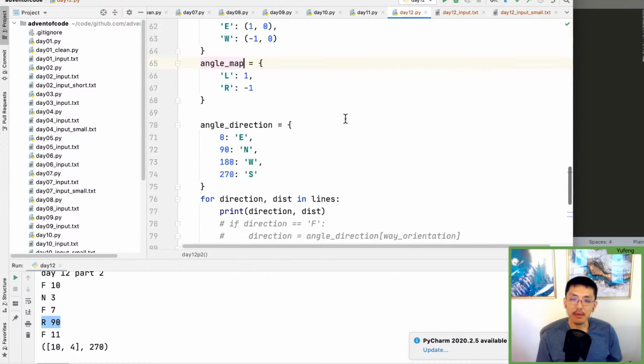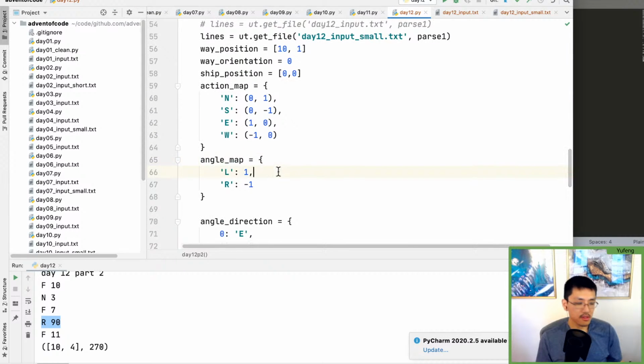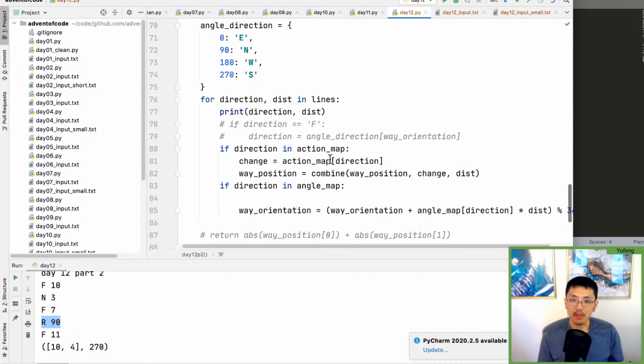We're only using angle map here. If it's L, if we're going to the left, that's negate x. So it's -1 and +1. And then the other one we're negating y. So that looks something like that. So we can grab the value in angle map at direction.